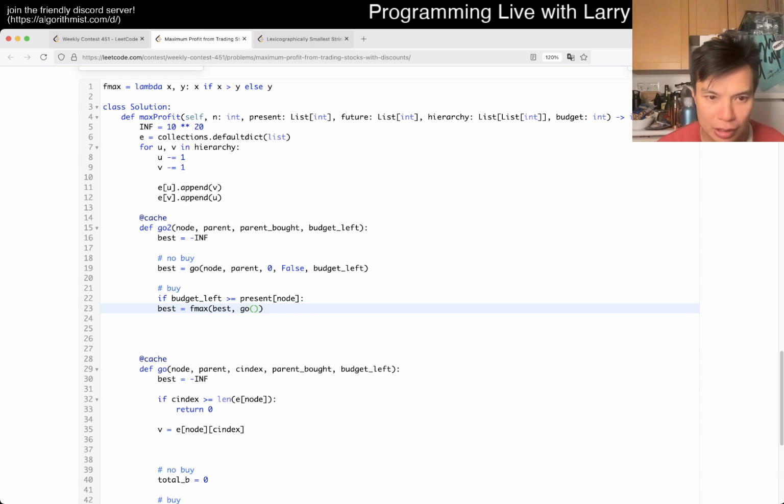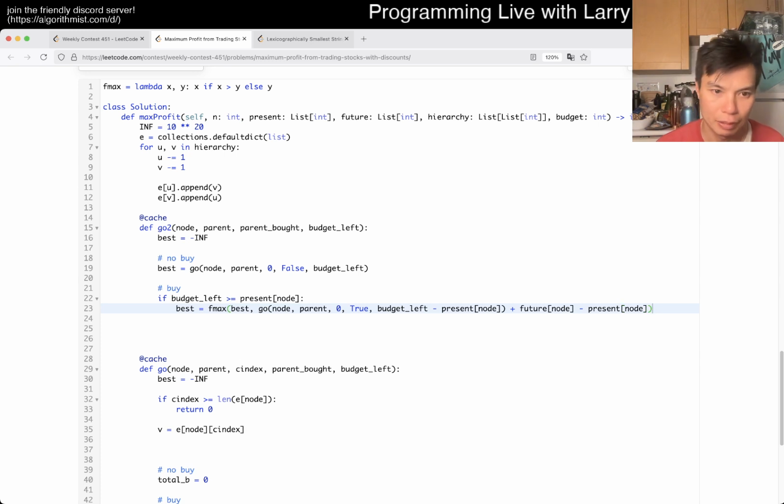So okay, so actually we still want to do that as long as we could afford it. Then it's going to be go node parent, same thing. 0 true budget left minus present of node, so that's your budget, and then the profit is going to be just plus future sub node minus present sub node, right? So that's the profit.